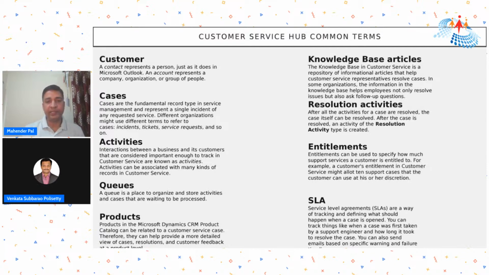And then we have the entitlement. Entitlement is where you are saying that, based on the service agreement, or maybe based on your agreement with your customer, we will give you 10 phone call supports, so you can call us 10 times. We will provide you 25 email supports, so you can send us 25 emails.